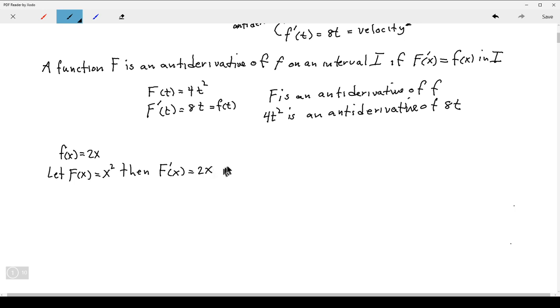All right, which means that capital F, x squared, is an antiderivative of lowercase f, which is 2x.